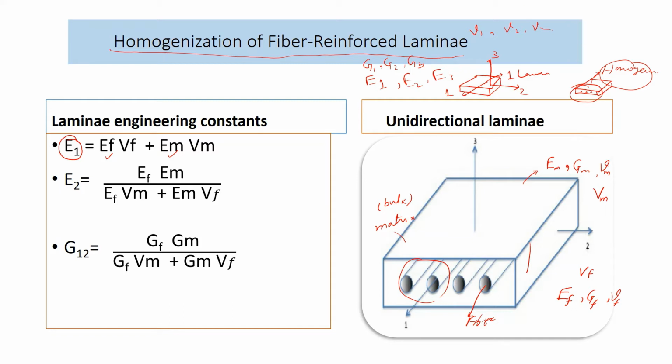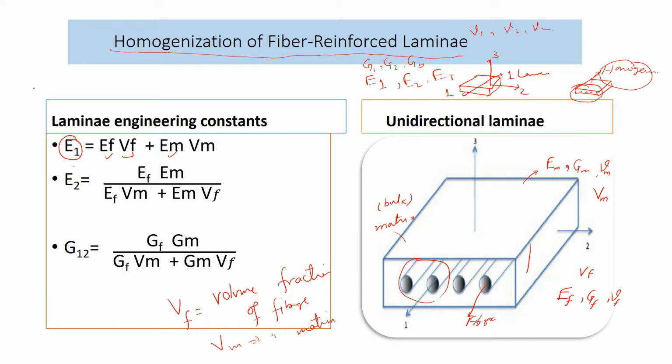So for this, we have to homogenize it. That is the homogenization, and we get the lamina engineering constants, E1 such as EF into VF. VF is the volume fraction of fiber, and similarly VM would be the volume fraction of matrix.